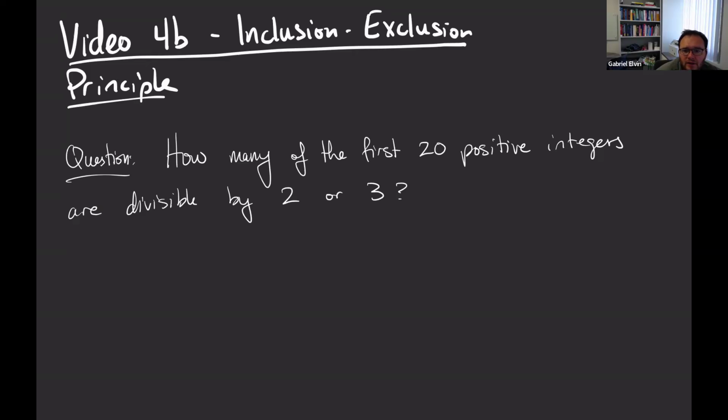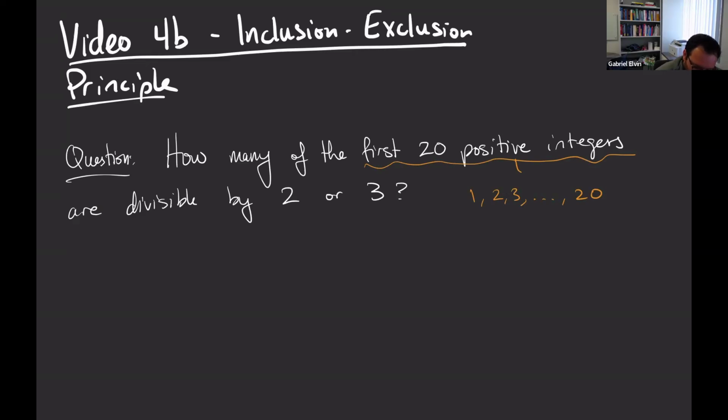Okay, so fairly straightforward question. First 20 positive integers, that's just 1, 2, 3, all the way up to 20. So how many of these are divisible by either 2 or 3?